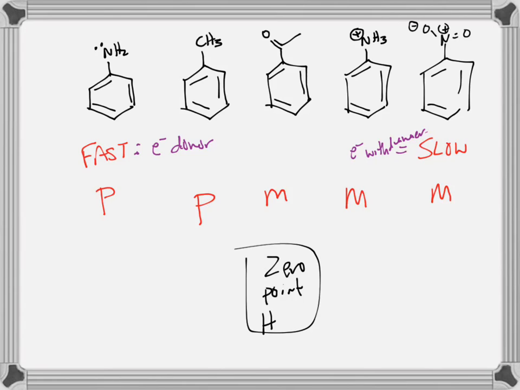Lone pair. Okay. If we then do the reverse, our 0 point, hydrogen, down to the nitrogen in the protonated aniline, what's that? Hydrogen has more electrons, which means the nitrogen one needs to be going slower.